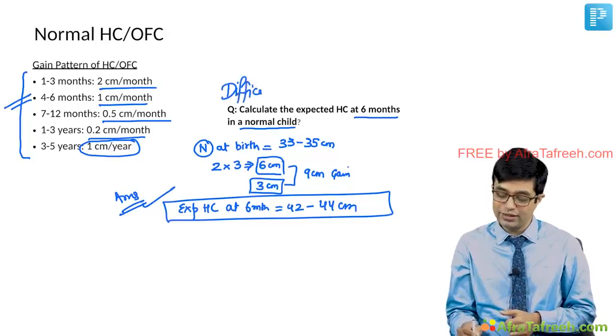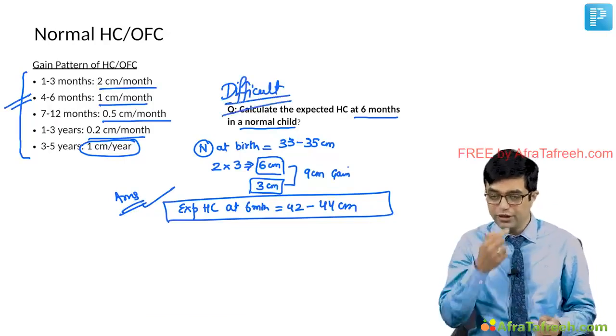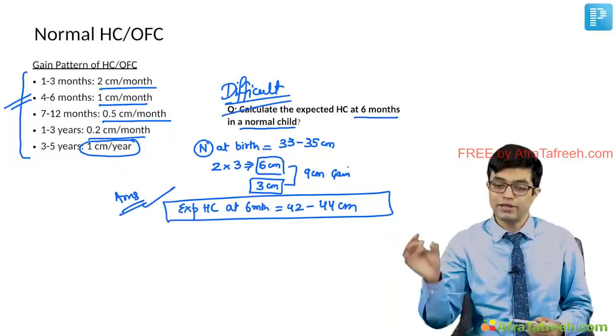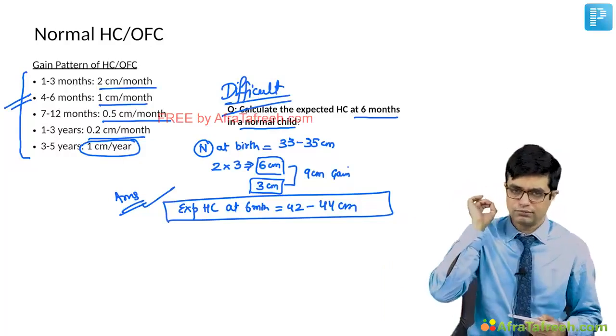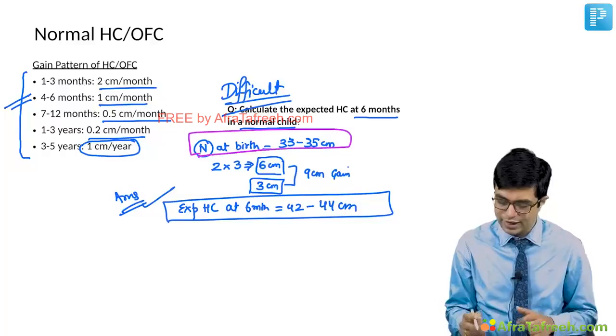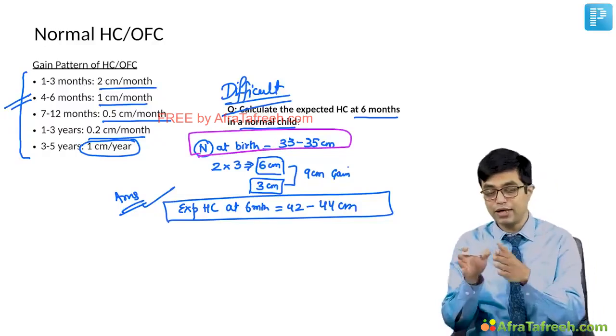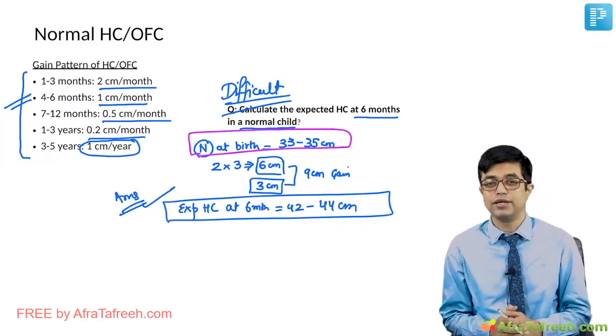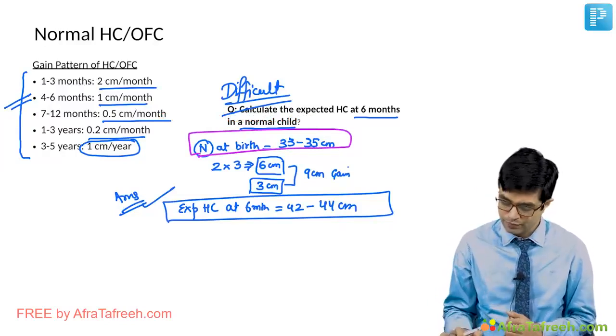It is not an easy question, because options will be 40 to 42, 42 to 44, 44 to 46, 46 to 48. They will tell you the normal value at birth. If not, this is the value you are supposed to remember. And then you will have to apply this gain pattern and then reach the correct answer. They look easy, but they are tricky when actual exam question comes.